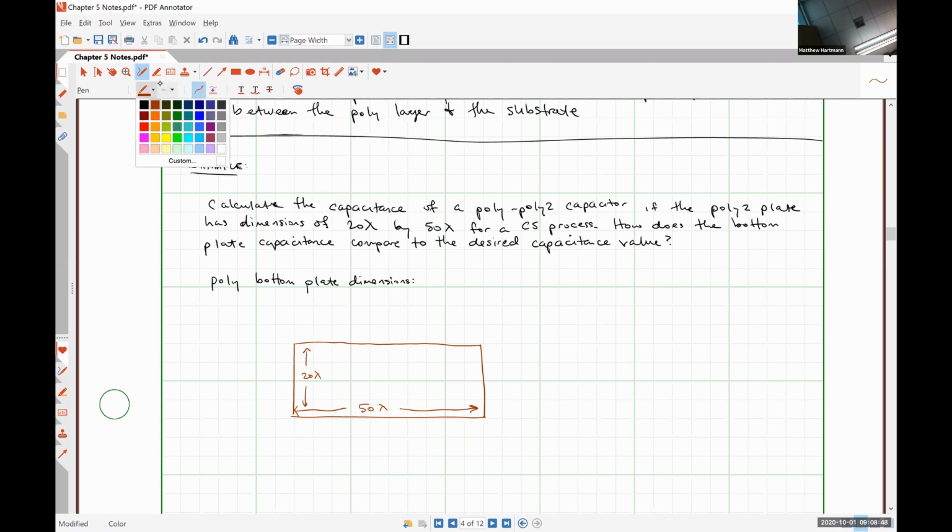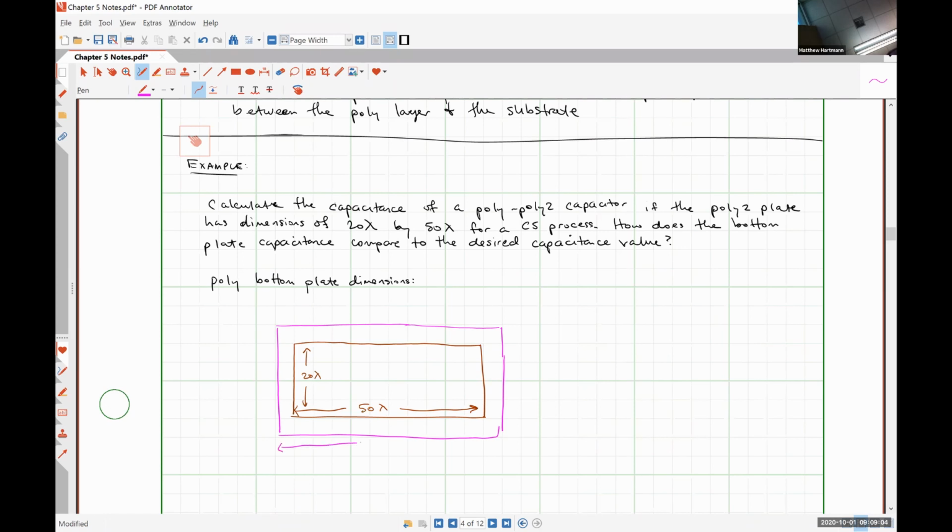If we need to extend by 5 on both sides, in the vertical direction and in the horizontal direction, then this one is 60, and this one at a minimum is 30, right?